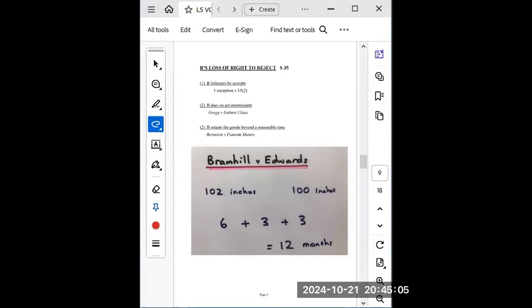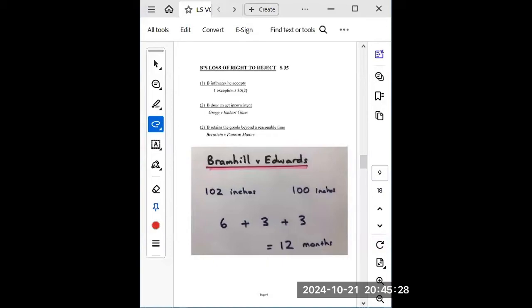So, we're looking at the ways the buyer can lose his right to reject. The buyer is deemed to have accepted the goods if he does an act inconsistent with the seller's ownership, for instance, by using the goods over a prolonged time. In effect, this merges with the third way that the buyer can lose his right to reject.